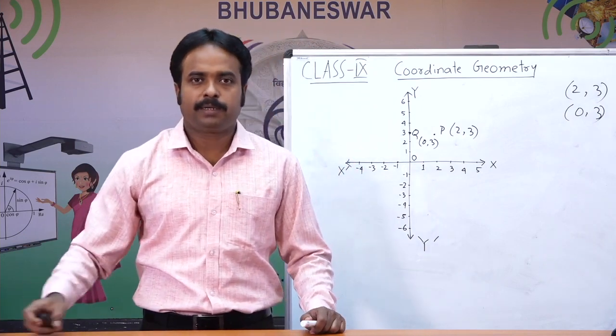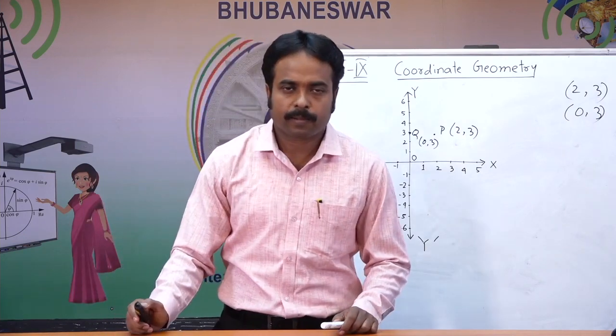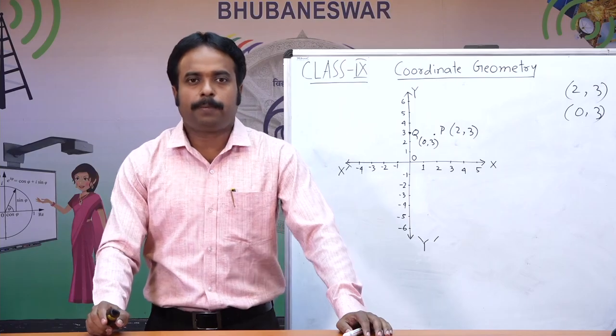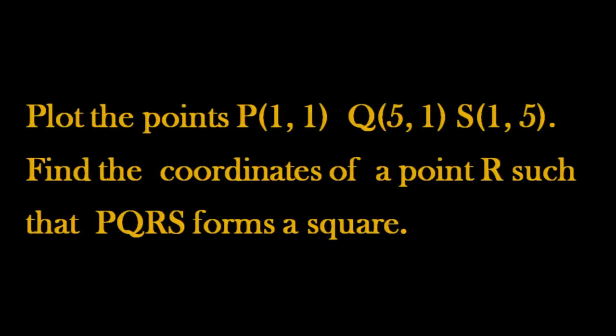Now let us start a problem. Plot the points P 1, 1, Q 5, 1, S 1, 5. Find the coordinates of a point R such that PQRS forms a square.